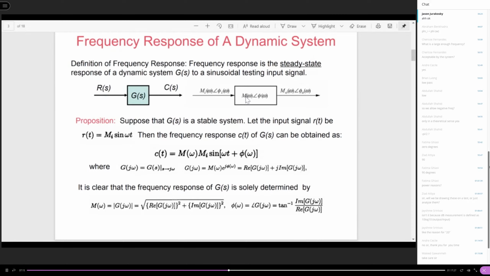In other words, M of omega and phi of omega uniquely determine the frequency response as defined here of a system. You got my point? If we do not have that kind of a relation, then we cannot do that. We have to check the signal itself. But it's fortunate we do have this relation, so we do not need to worry about the signal. We only need to look at the system, the M of omega and the phi of omega.